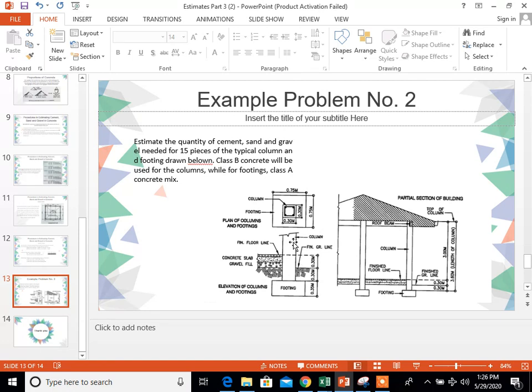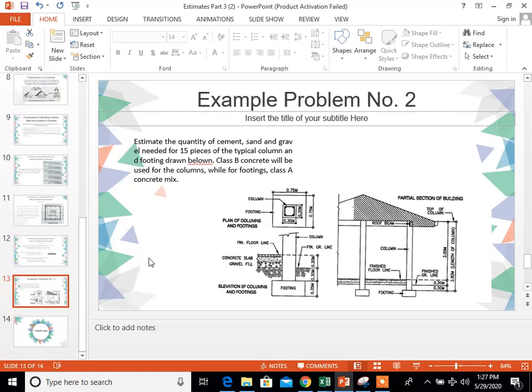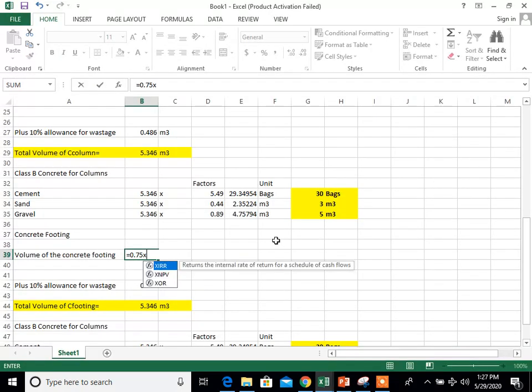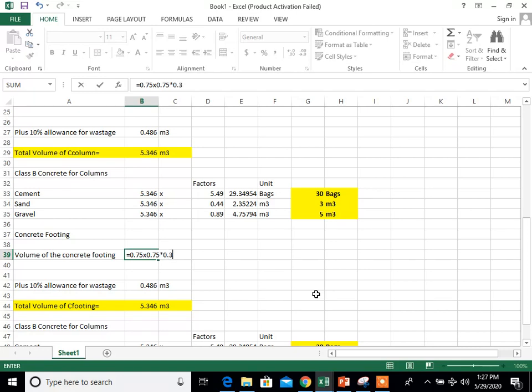So it means we have also 15 pieces of isolated footing. So the volume of the concrete footing is 0.75 times 0.75 times the thickness of 0.35 meters.